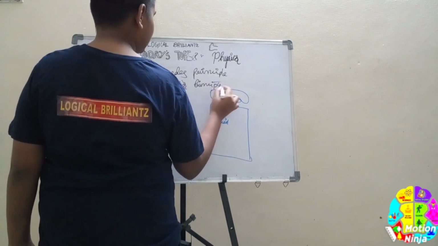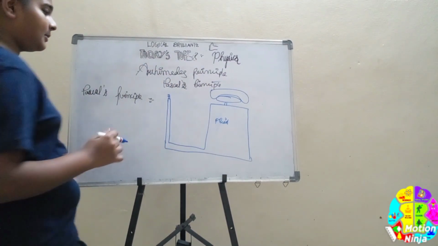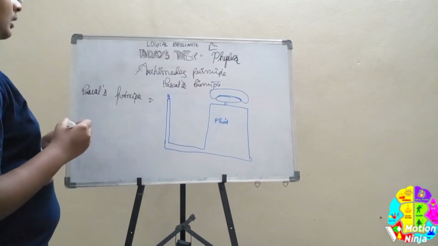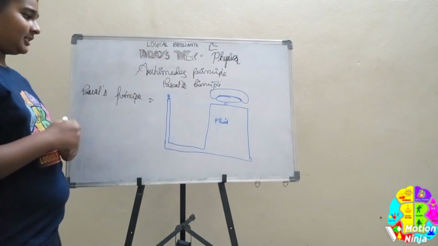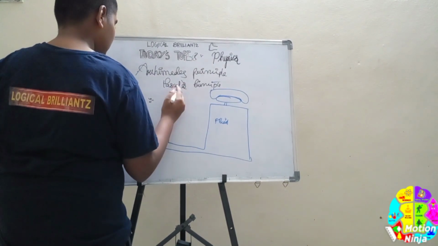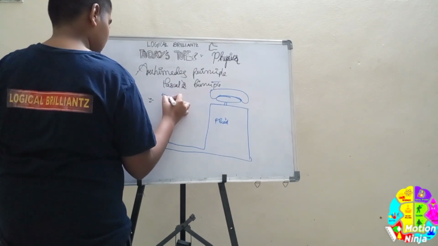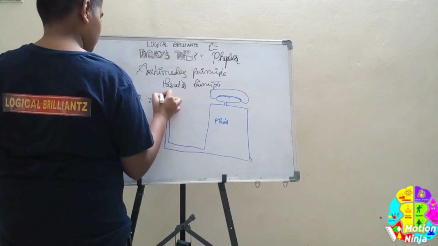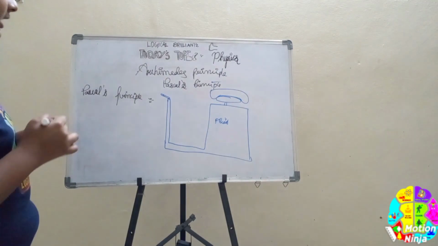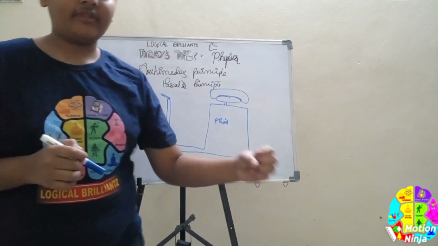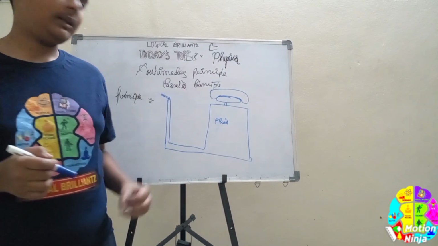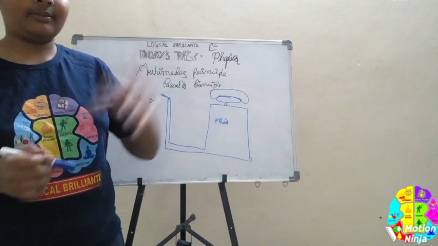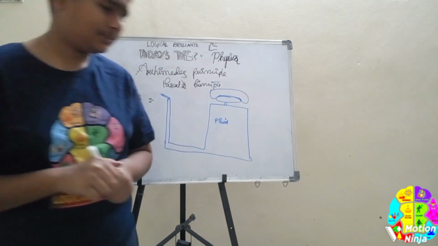Please don't mind, the car shape is not nice because I'm just explaining for study purposes. Here is a car on a lifted piston, and here there is a lever. We just have to apply 10 newtons to push the lever, and with 10,000 newtons this piston will move upward. How is it possible?